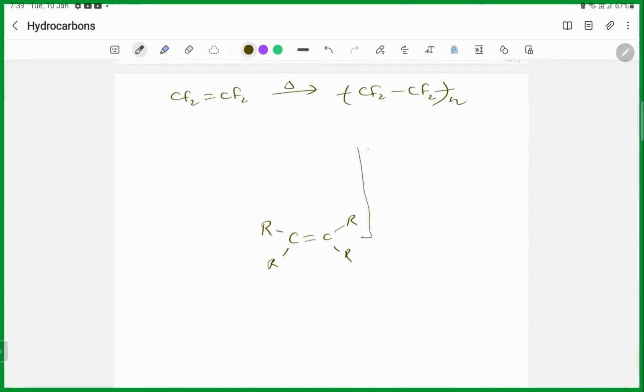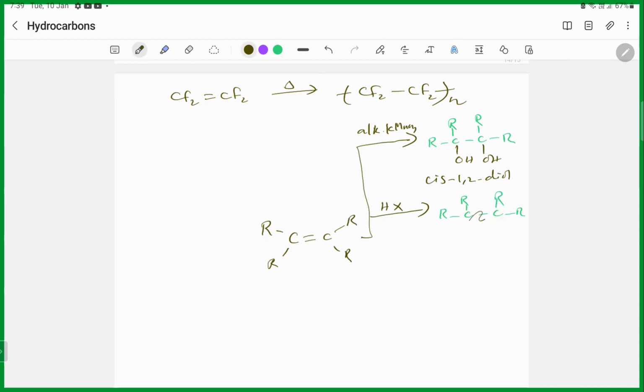When it undergoes reaction with alkaline KMnO4, you will get the product with OH, OH: cis 1,2-diol. Then when you add HX, one side you will have the hydrogen and the other side the halogen. And if you treat with ozone and then zinc plus water, two-step ozonolysis, it will give R, C double bond O, twice the molecule.